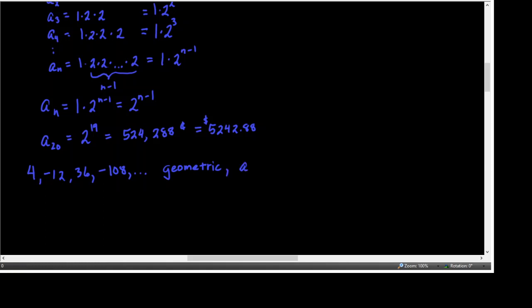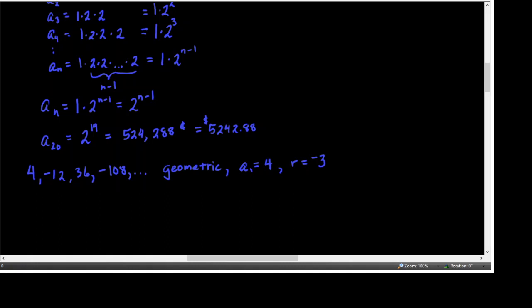That is, what is the first term? That's easy. It's just 4. And what is the common ratio? If you want to think, what would I multiply 4 by to get negative 12? That works. Or you can also say, divide any term like 36 by the one before it, negative 12. 36 divided by negative 12 is negative 3, the same answer.